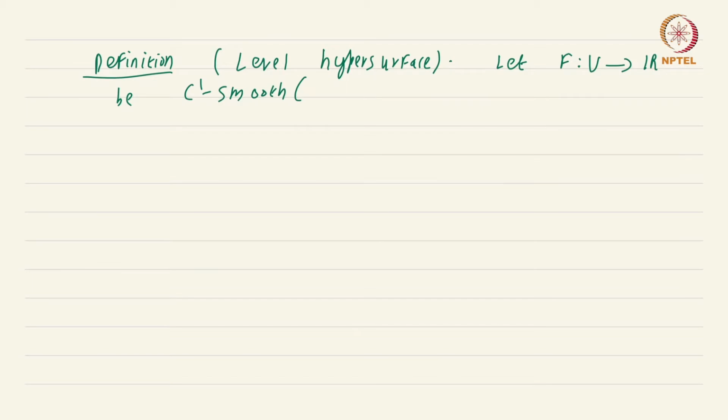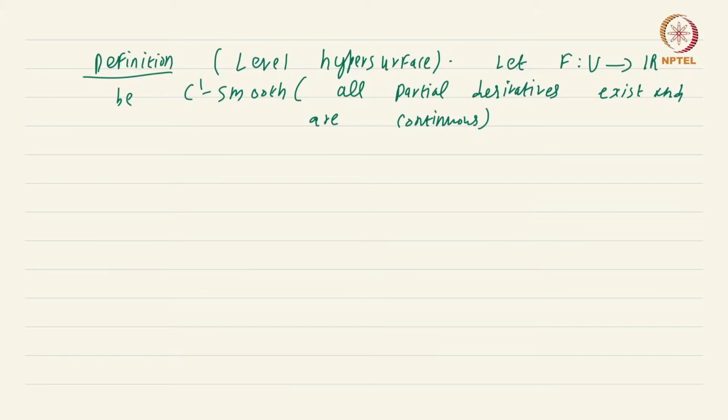It just means that all partial derivatives exist and are continuous. In particular, f will be differentiable in U because of the theorem that we have established earlier, that if partial derivatives exist and are continuous, then the function is differentiable.